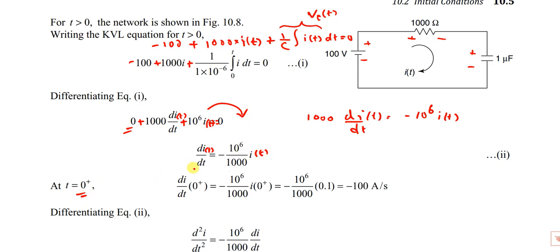At t equal to 0 plus, di by dt of 0 plus is equal to minus 10 power 6 by 1000 I of 0 plus.